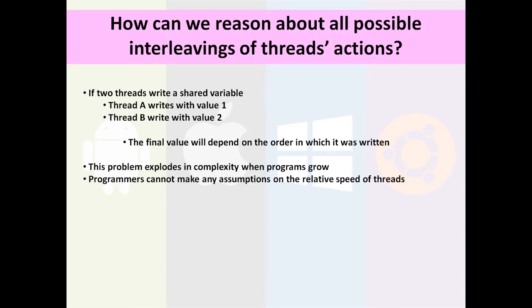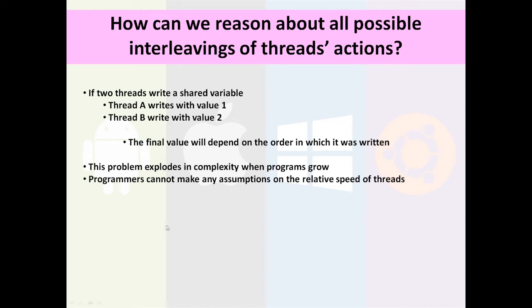So the question is, how can we reason about all the possible interleavings of threads, or the actions of these threads, based on the different ways or different orders in which they can be executed?